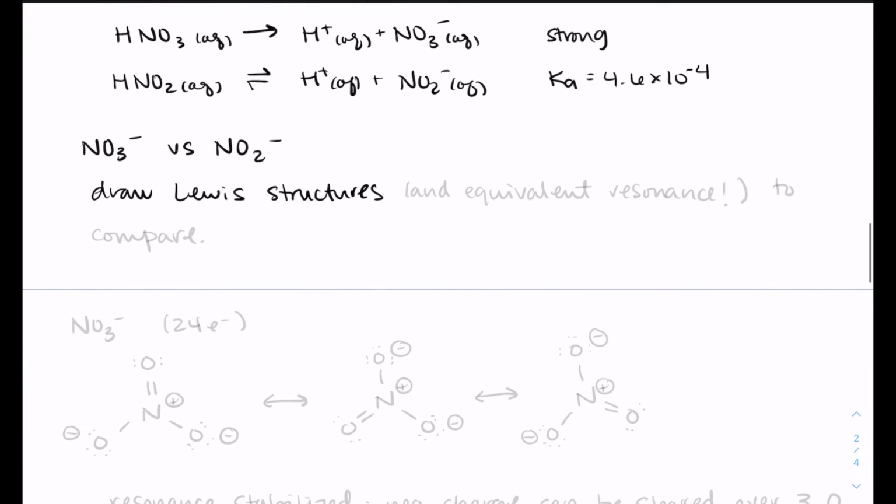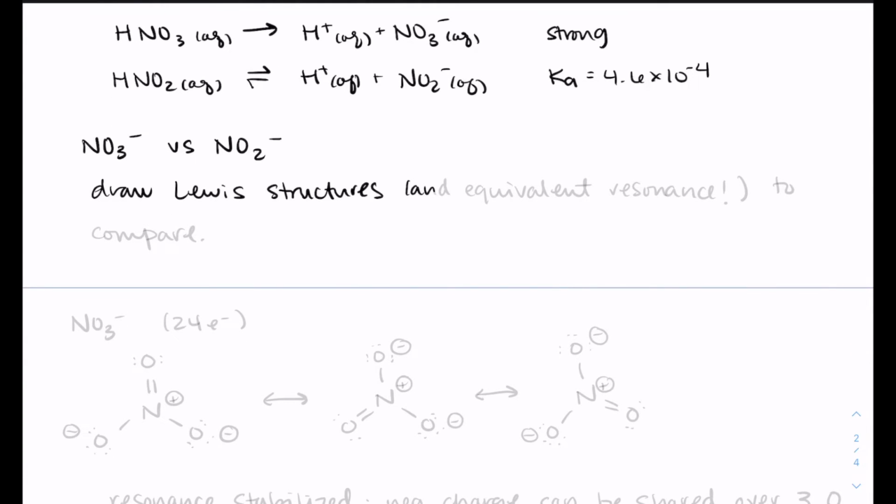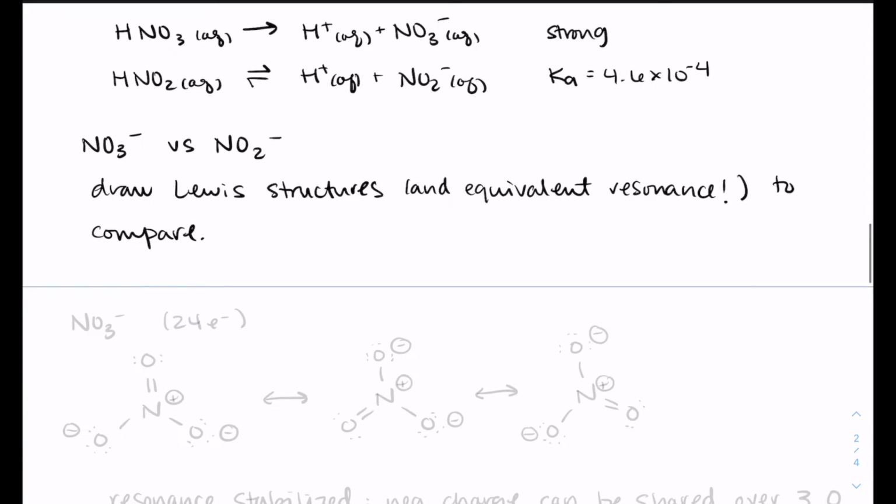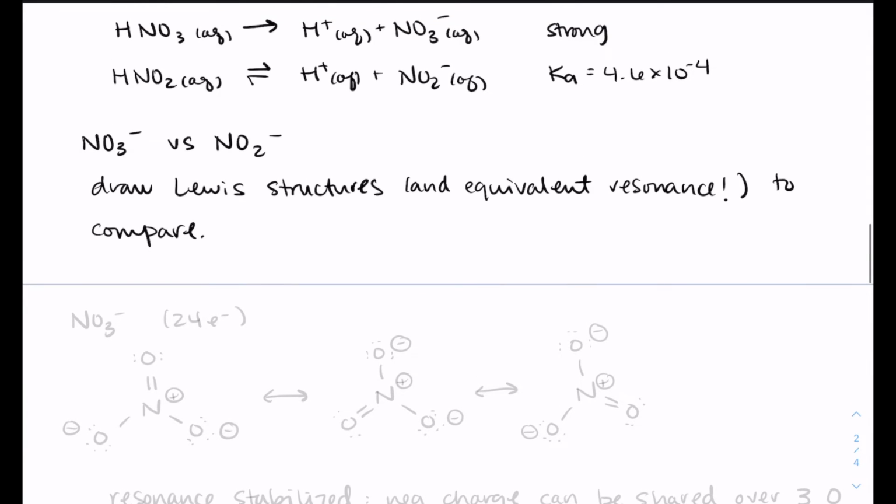So we're going to compare the conjugate bases, NO3 minus and NO2 minus, and the way we are going to compare them is with Lewis structures and resonance. So for each of these conjugate bases, draw the best Lewis structure and any equivalent resonance structures, and then let's see how they look.